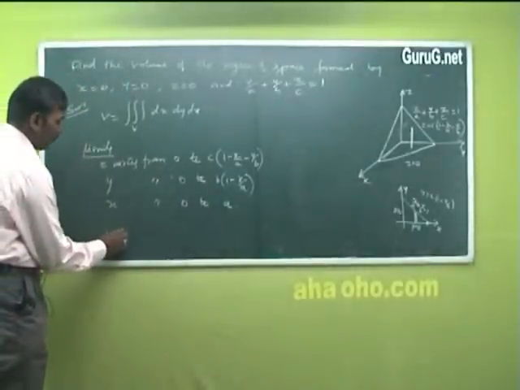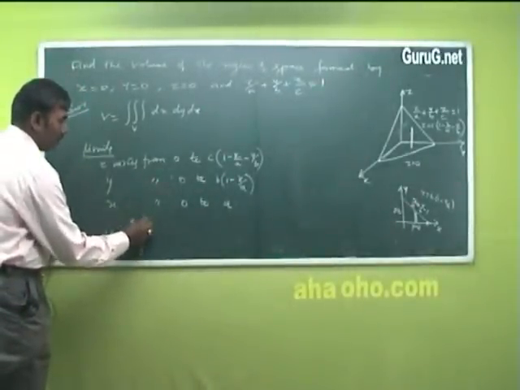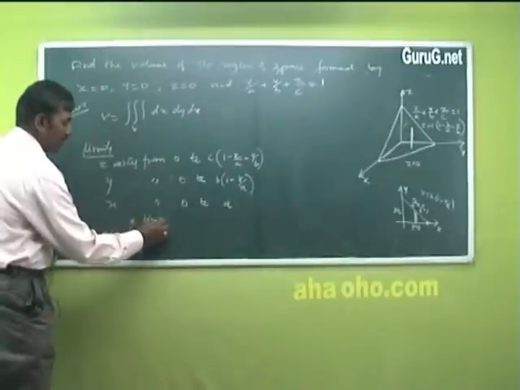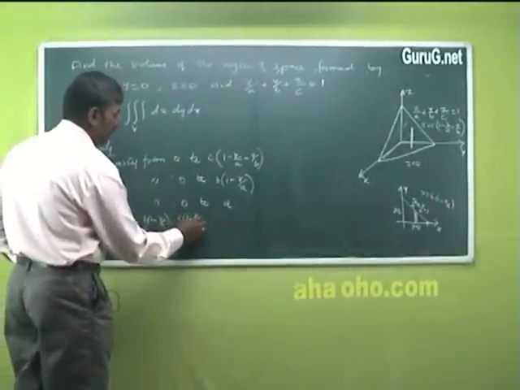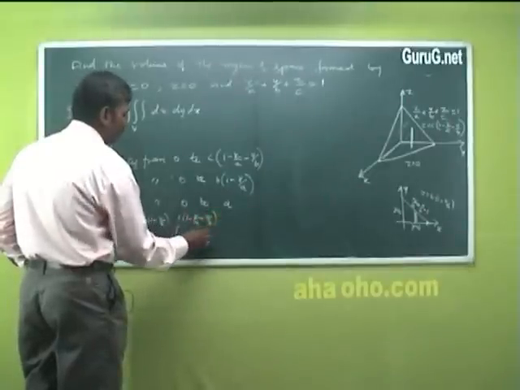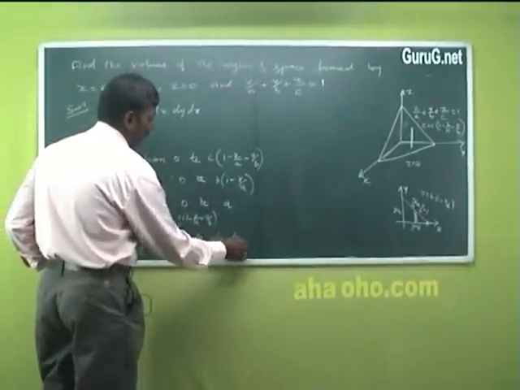Now volume equal to integral 0 to a, then 0 to b into 1 minus x by a, then 0 to c into 1 minus x by a minus y by b, so dz, dy and dx.